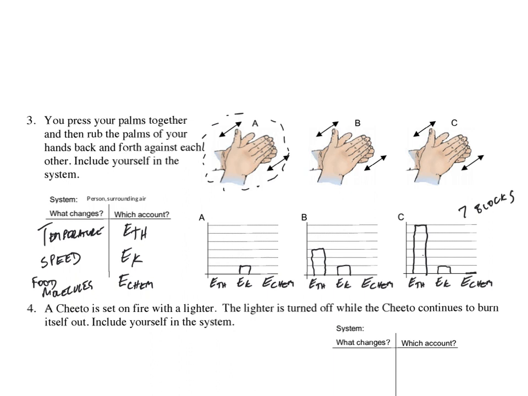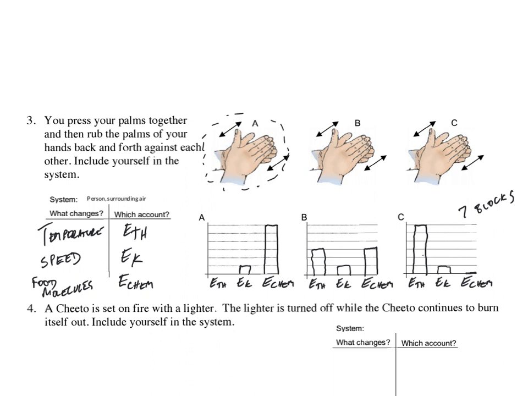That helps me figure out how much chemical energy I need at B and A. If I have 7 total blocks at C, that means at B I have 4 blocks, so I need 3 blocks of chemical energy at B. Likewise at A, I have 1 block of kinetic energy and that's it, so I must have 6 blocks of chemical energy at A.